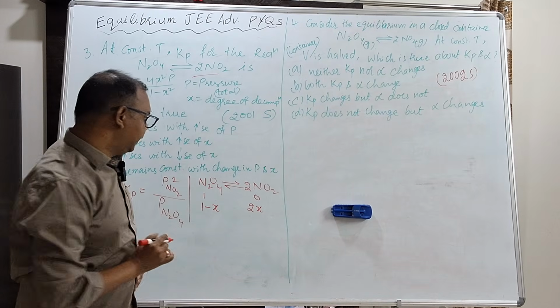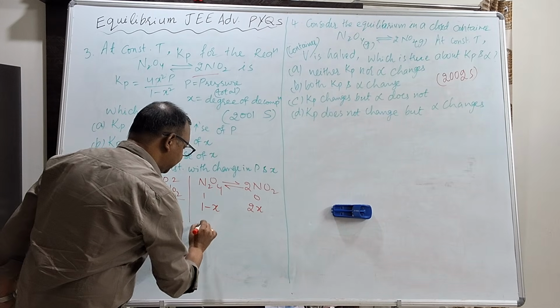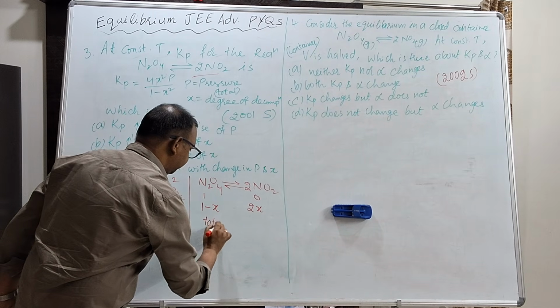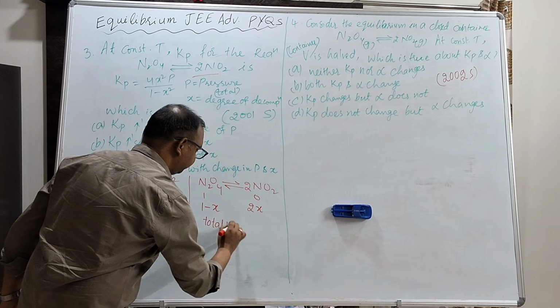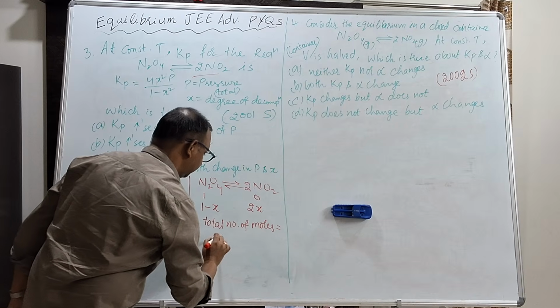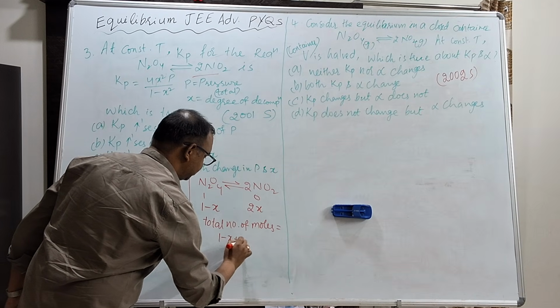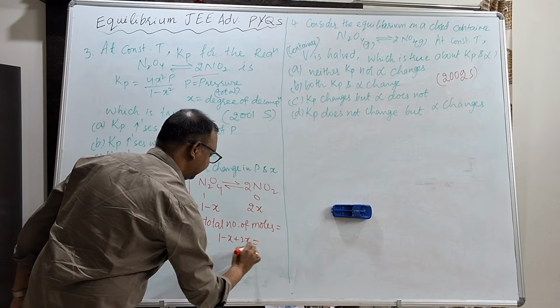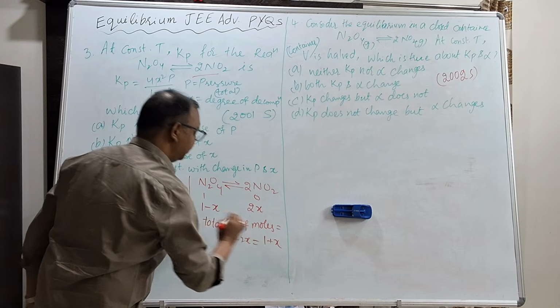Therefore the total number of moles is equal to 1 minus x plus 2x, that equals 1 plus x.